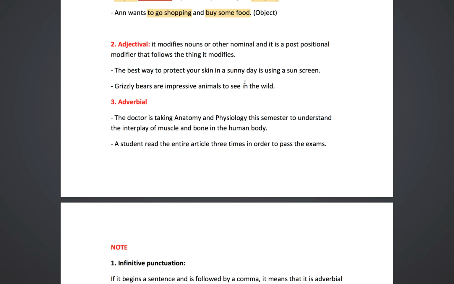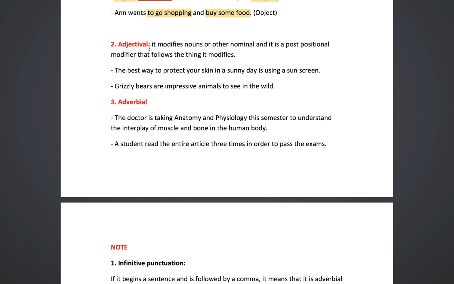The second use or second function that we have is adjectival. Infinitive phrases could be an adjectival of a sentence, could be an adjective of a sentence. It modifies a noun or other nominal, and it's a postpositional modifier that follows the thing it modifies. I talked about the postpositional modifier before.